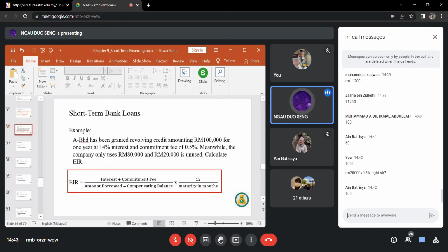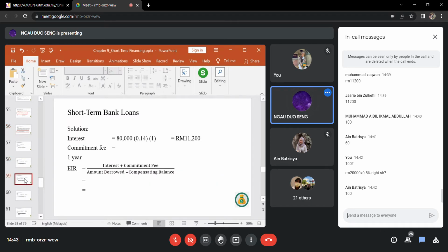Because this is 0.5%, not in decimal form. This is a percentage, so you must divide by 100. That is careless; students usually make this carelessness here. So you need to divide by 100, which is equal to 0.005.